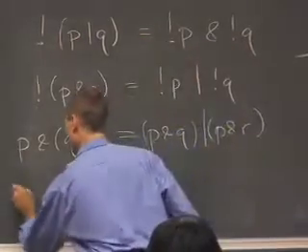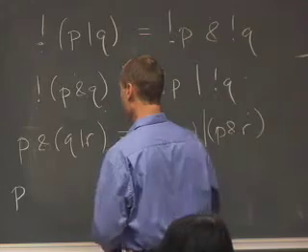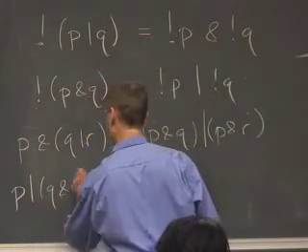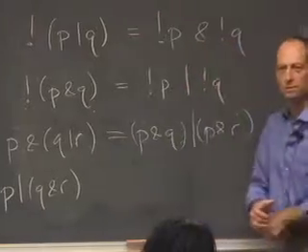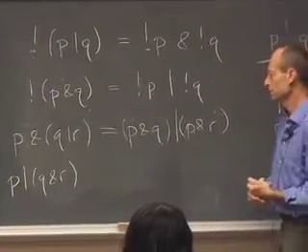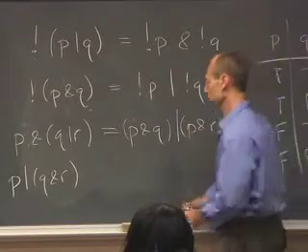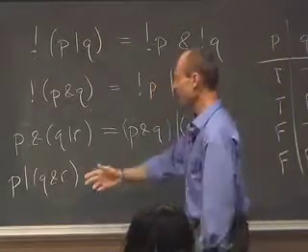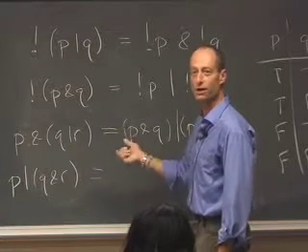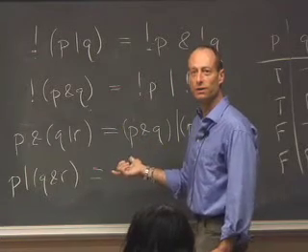What about P or Q and R? Okay, this is just like A union B intersect C. Right? And is like intersection, or is like union.